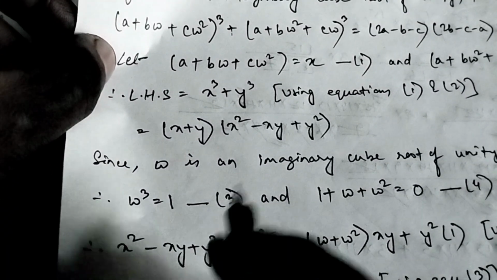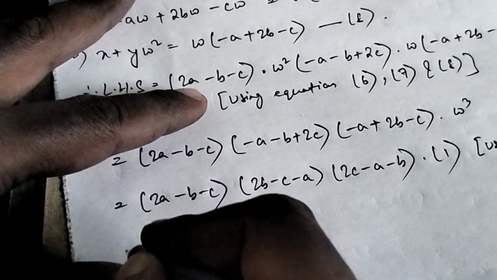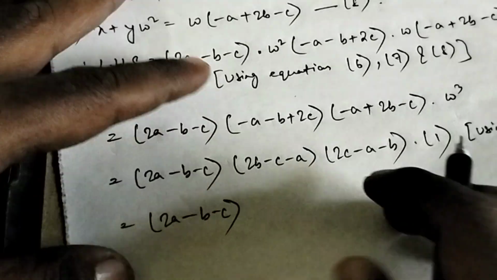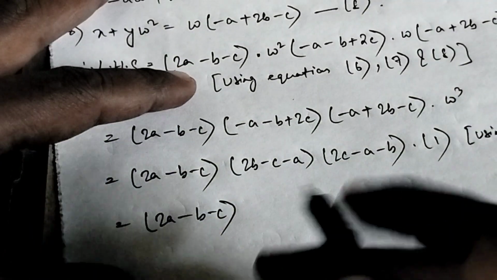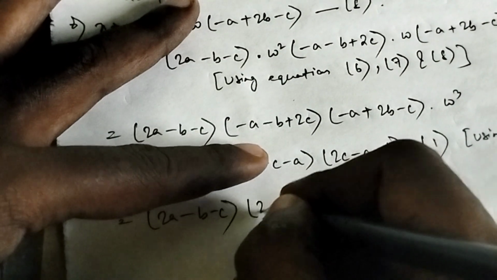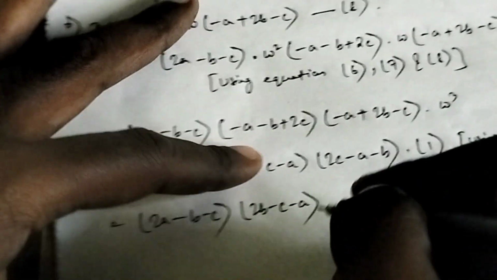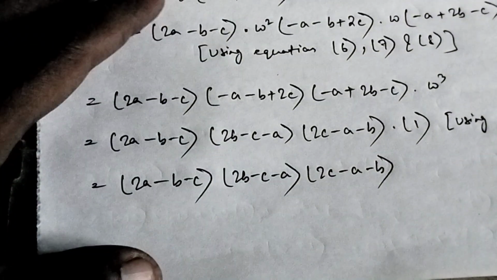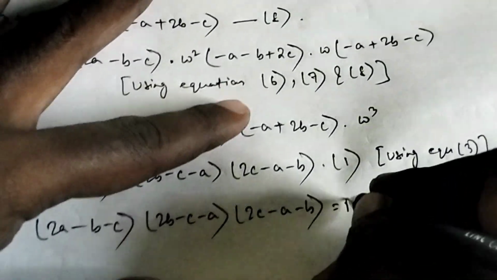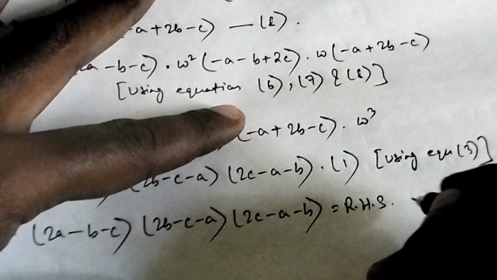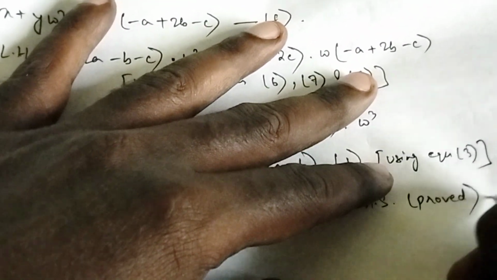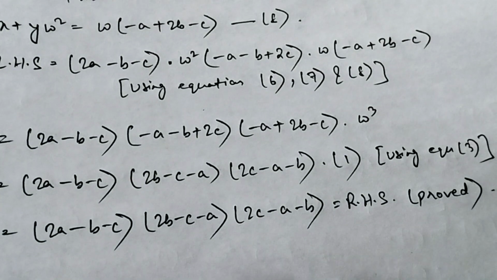Omega cube is equal to 1 using equation 3. So now it will be 2a minus b minus c into 2b minus c minus a into 2c minus a minus b. So we have proved LHS is equal to RHS. Proved. A lengthy sum.